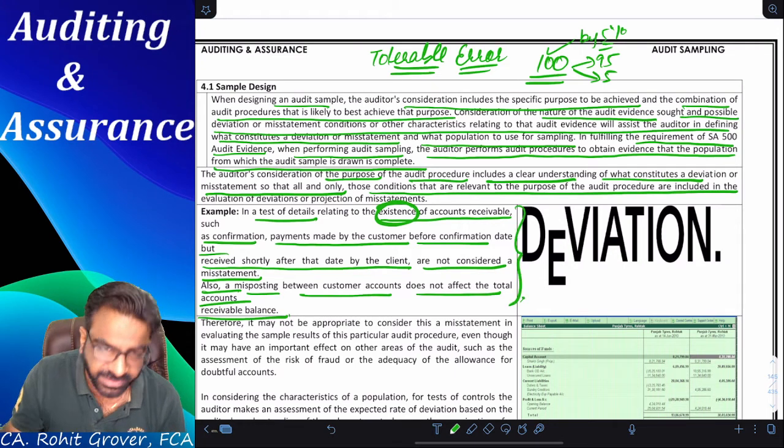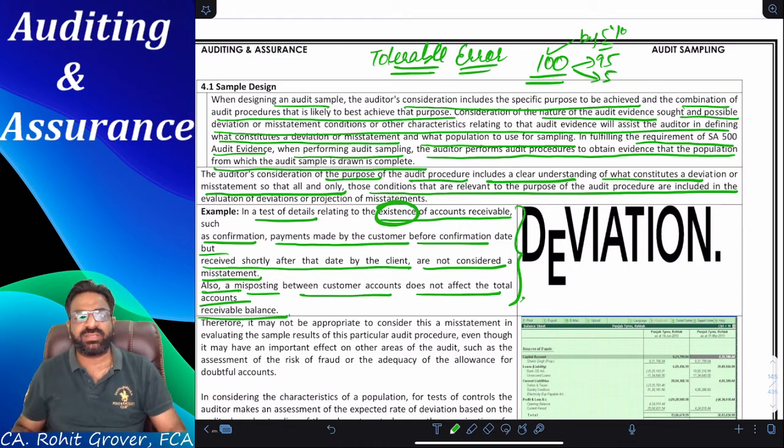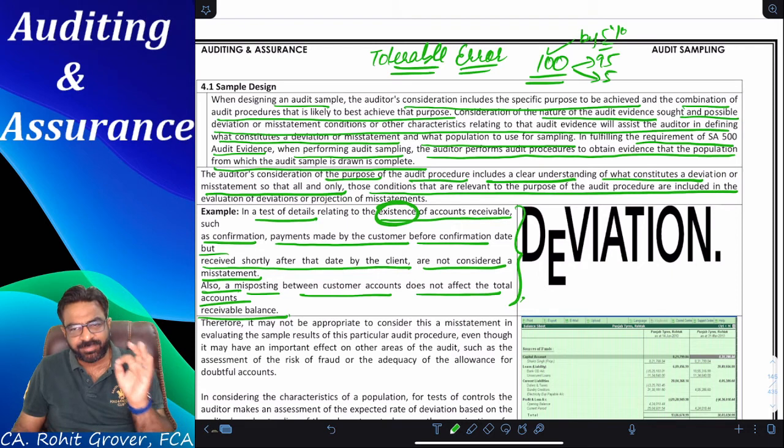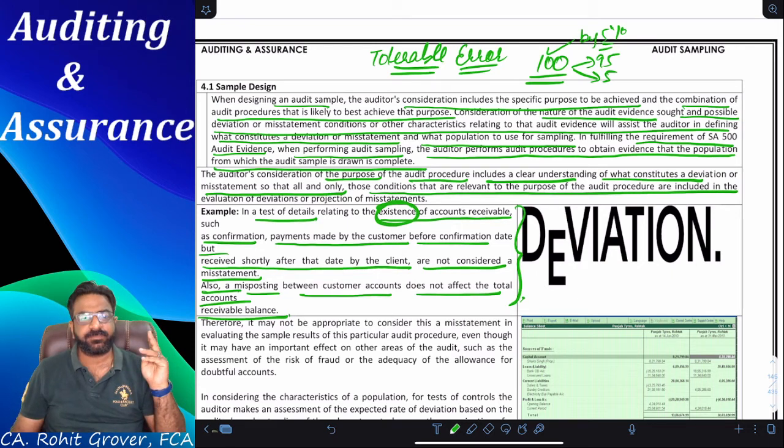Can anybody help me understand this example? What is the lawmaker trying to tell you? Read the whole example and let me know what the meaning of this example is.